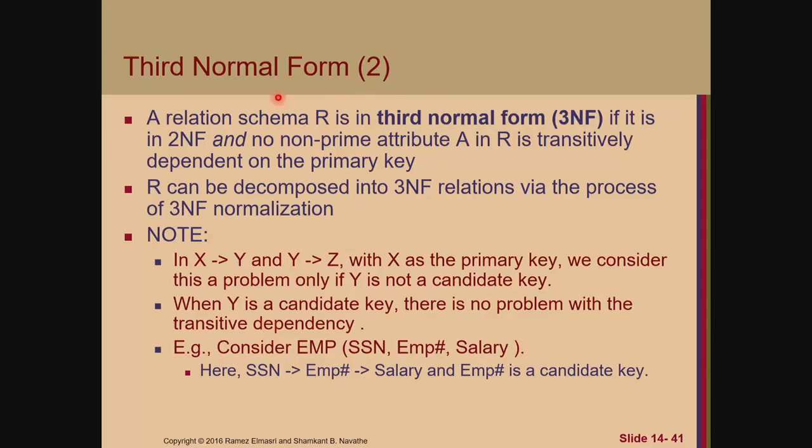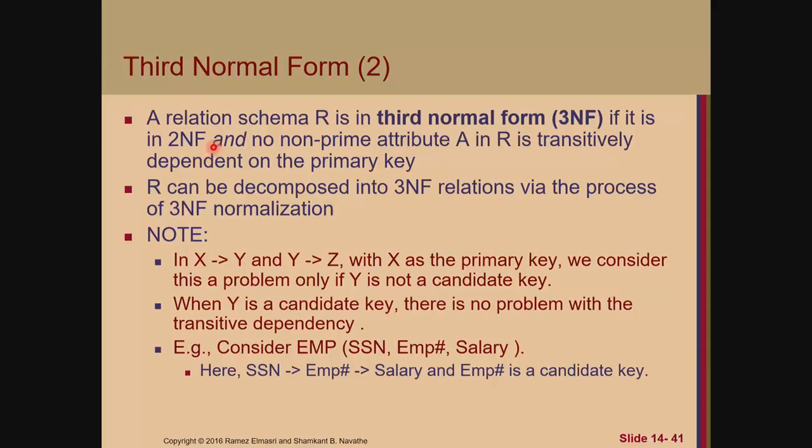Okay, a relation schema R is the third normal form if it is in second normal form. But it becomes second normal form if the relation is the first normal form before. So we have to check for the lower normal form before the higher.